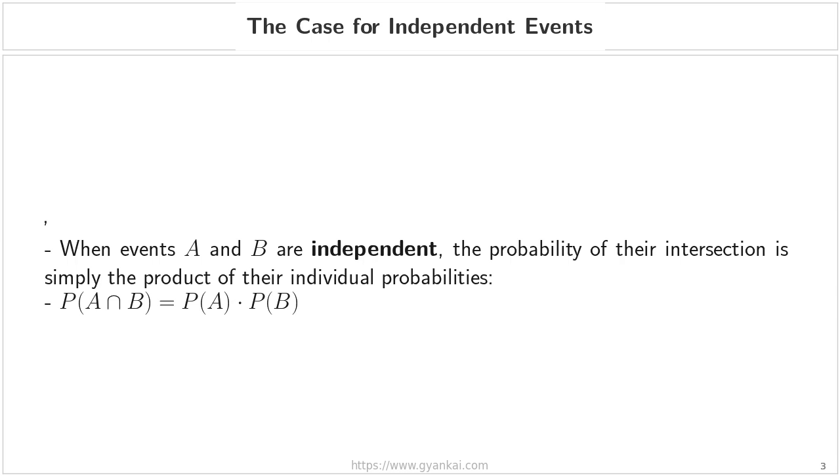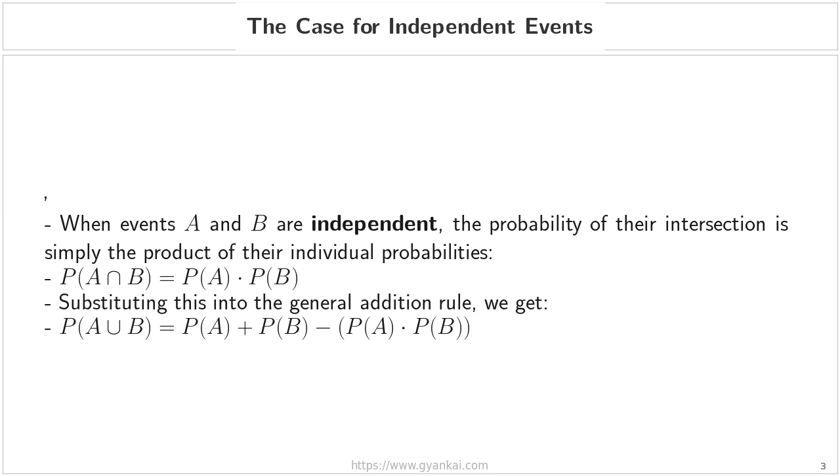In this specific case, the probability of their intersection, which is the probability of both events A and B happening at the same time, is simplified significantly. It is simply the product of their individual probabilities. In mathematical terms, the probability of A intersection B equals the probability of A multiplied by the probability of B.